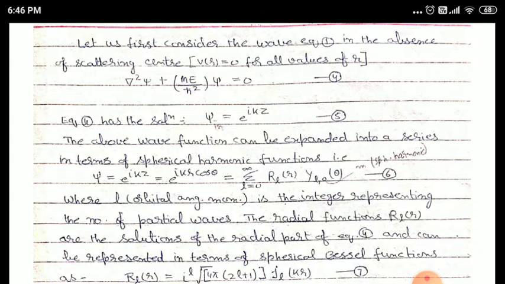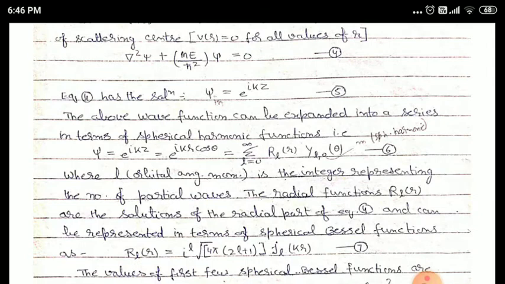Now in that case, above equation becomes del square psi plus m E upon h cross square multiplied by psi is equal to 0. Now equation 4 will have the solution psi incident is equal to e raised to power i k z, because we know that above equation shows only the undisturbed wave, and that is represented by psi incident is equal to e raised to power i k z.